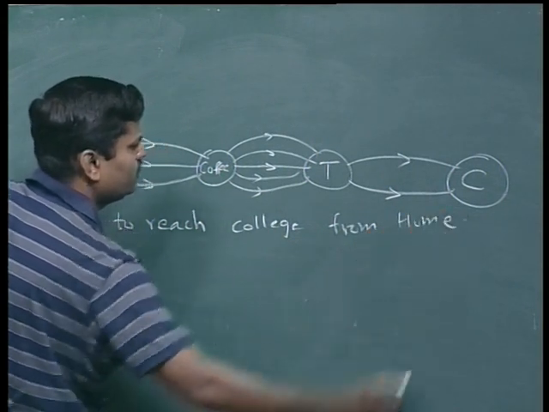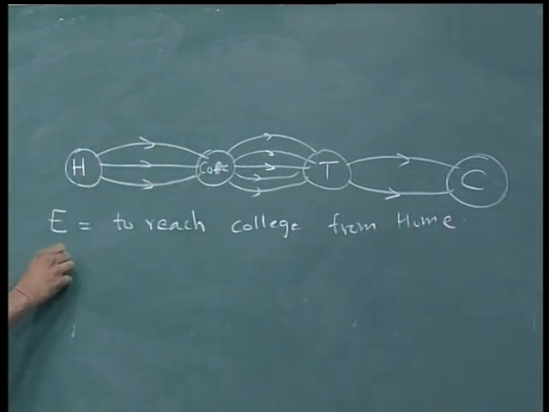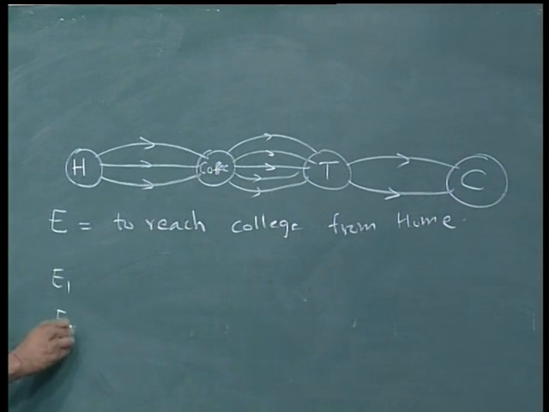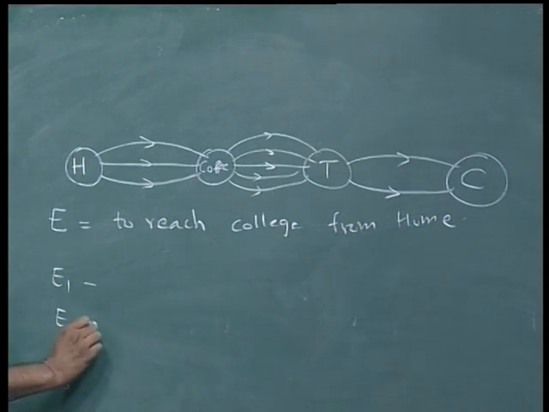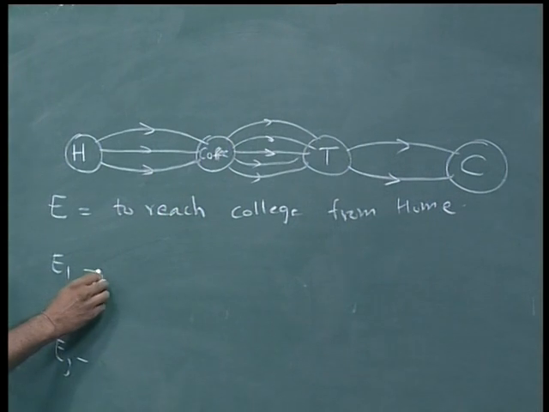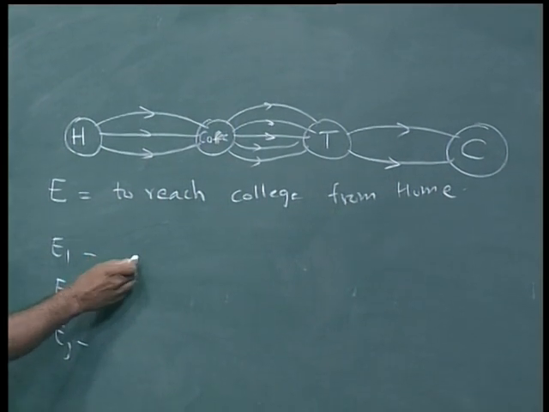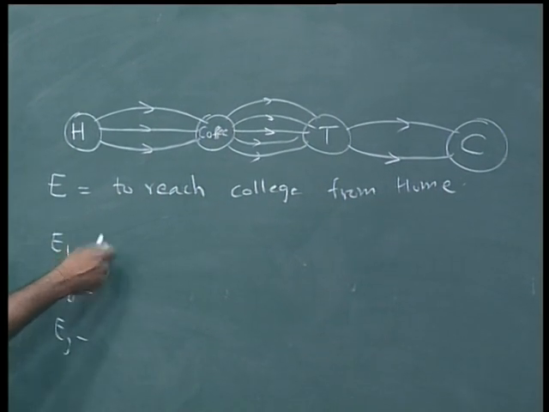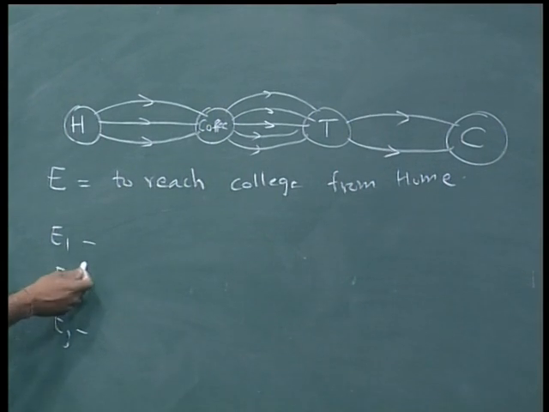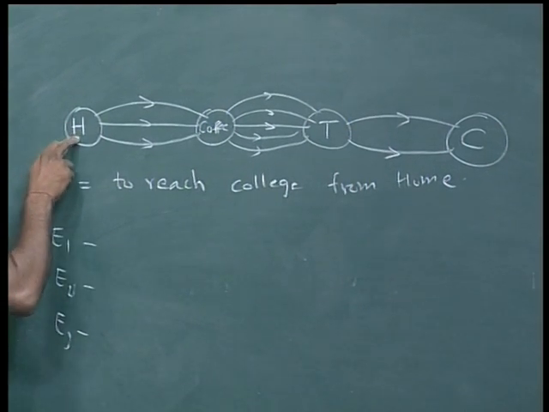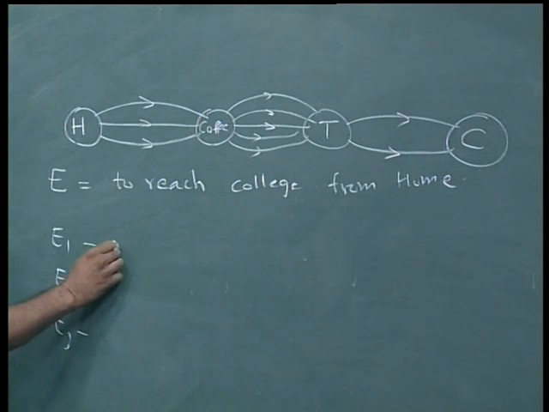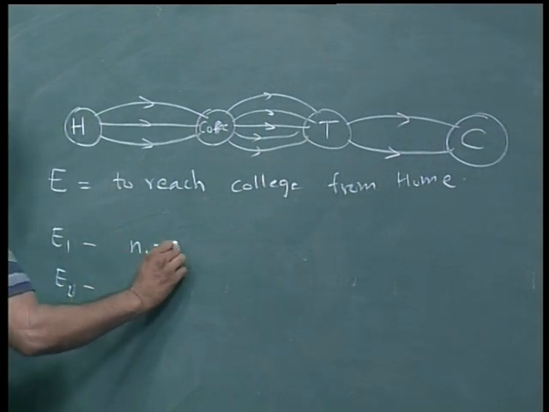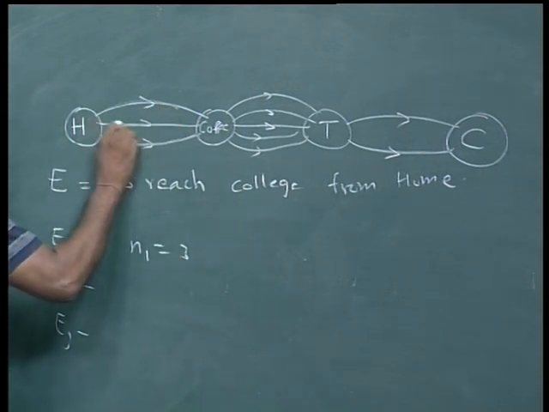to reach college from home, and this can be done by applying the following operations in some order. Okay, first from home to coffee shop you can go. E1 means the set of roads or set of ways from which you can go from home to coffee shop. So for E1 we have n1 equal to 3. There are 3 roads, first road, second road.